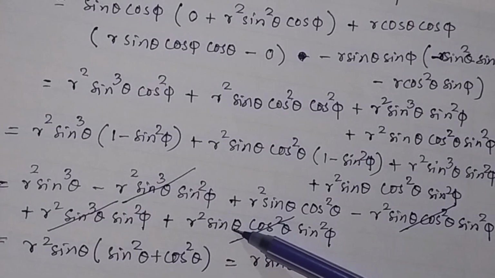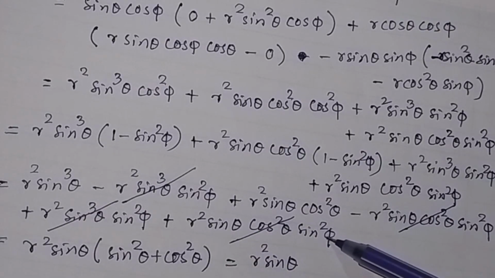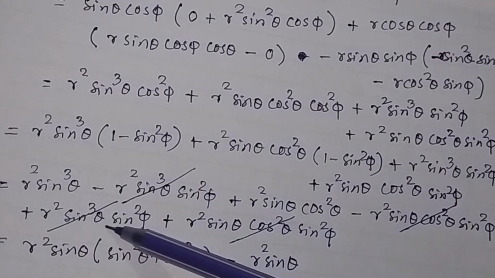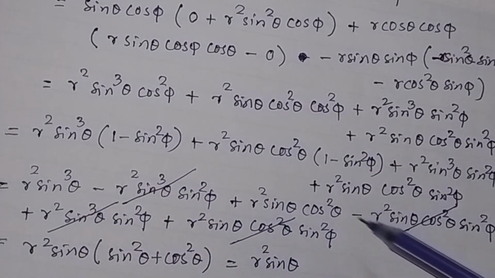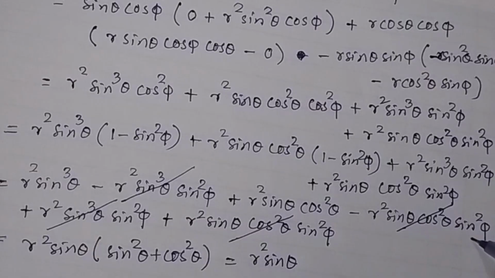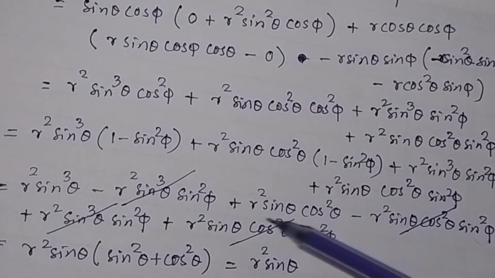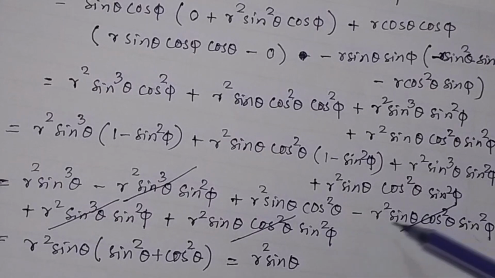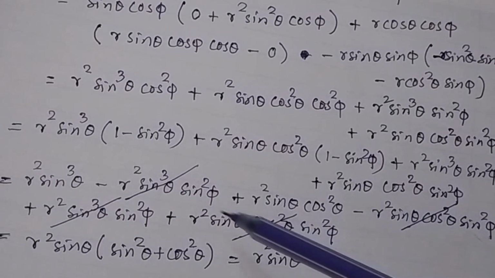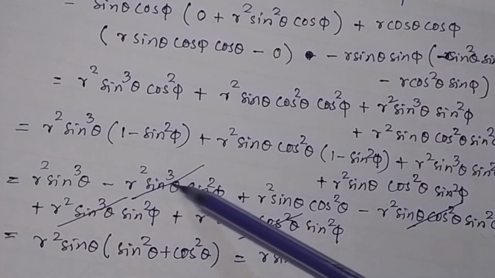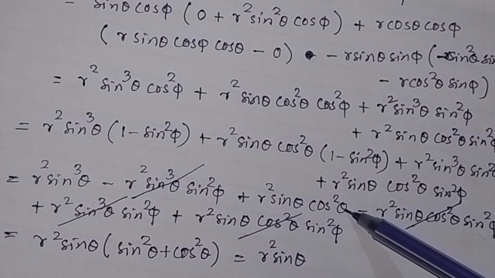So here r square sin cube theta sin square phi will cancel. Also here r square sin theta cos square theta sin square phi will cancel. Only two terms remain: r square sin cube theta, and another, r square sin theta cos square theta.